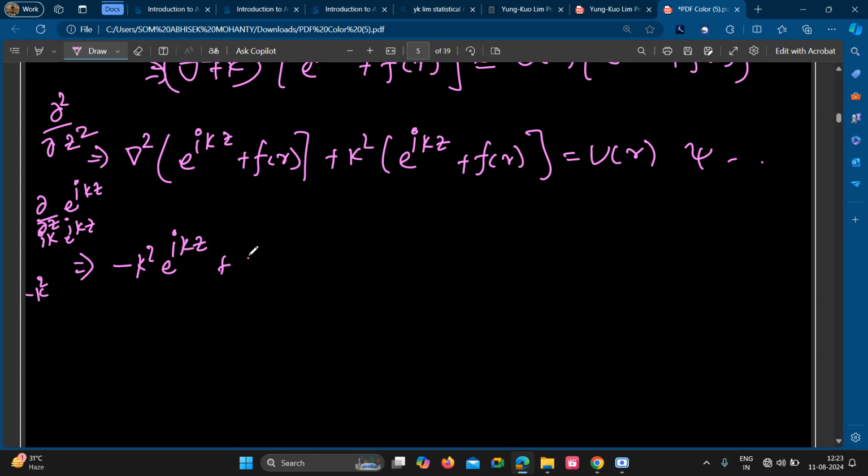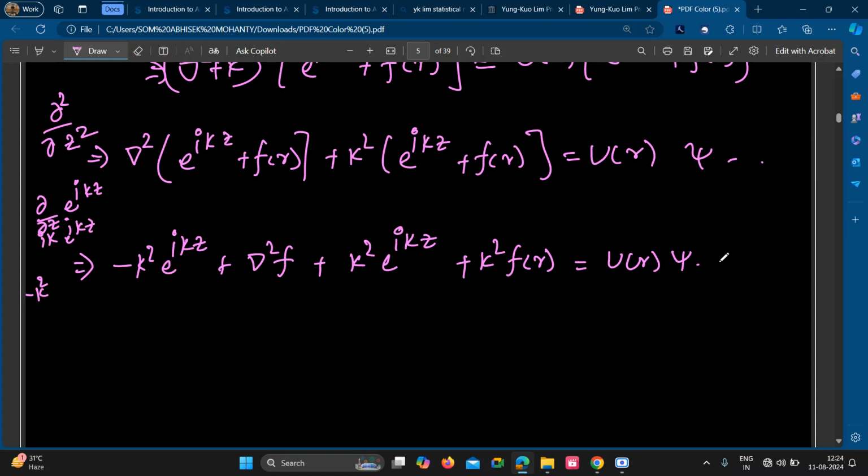Plus del square f. Plus this one, k square e to the power ikz plus k square f of r, is equal to U of r psi. So these two can be cancelled out.